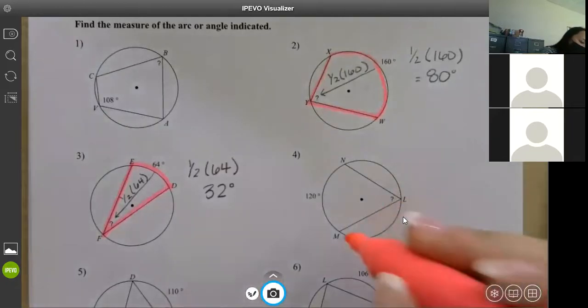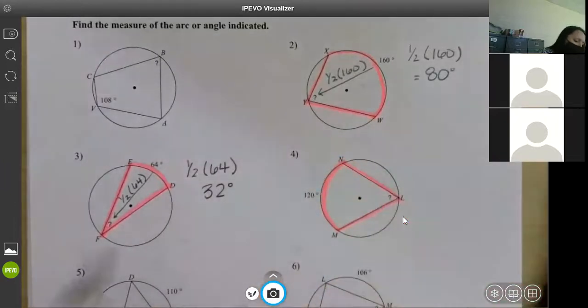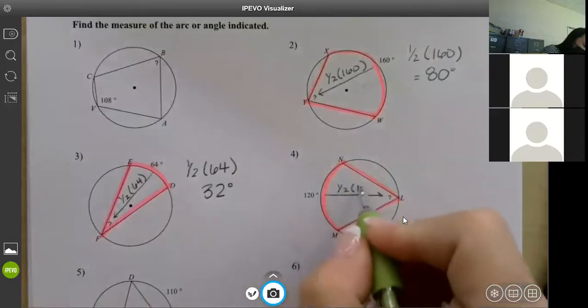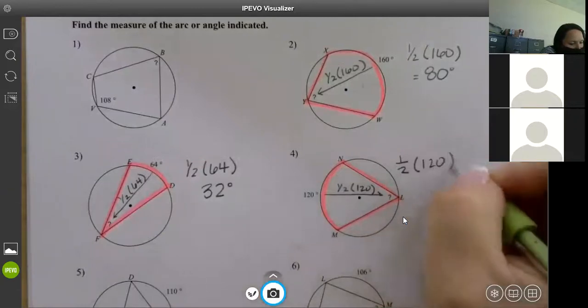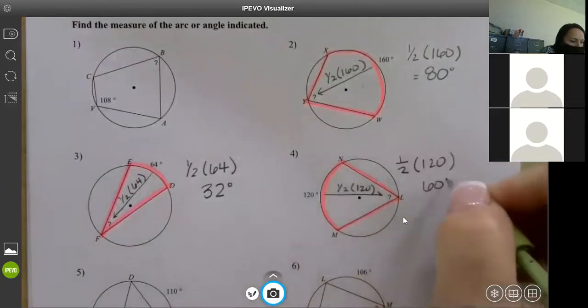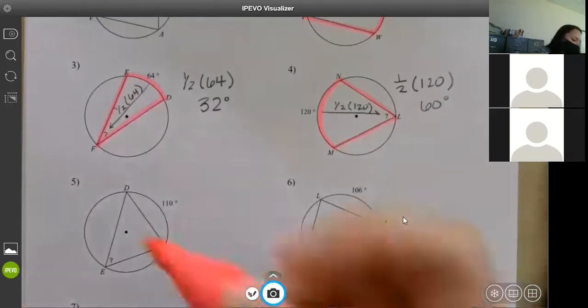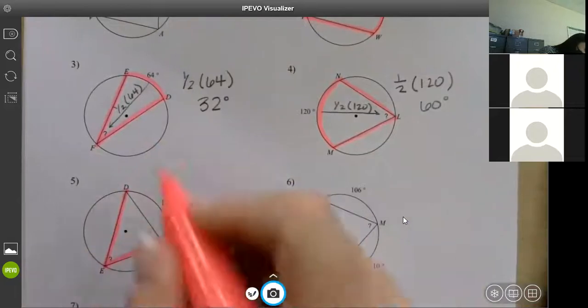Okay, same thing here. Here's your angle. Here's your arc. Your angle is half your arc. So what's half of 120? So your angle is 60 degrees. We're looking for angle E. So here's your angle.